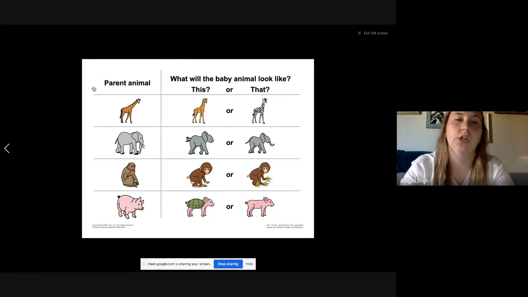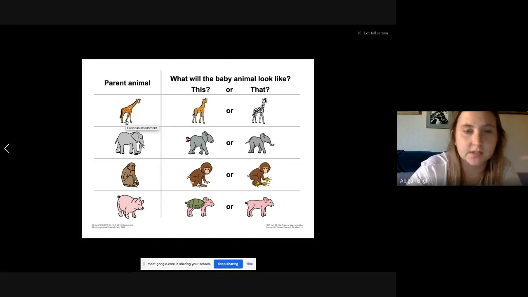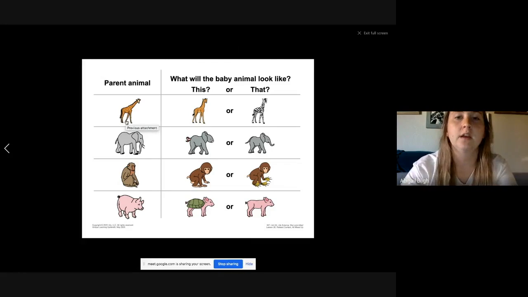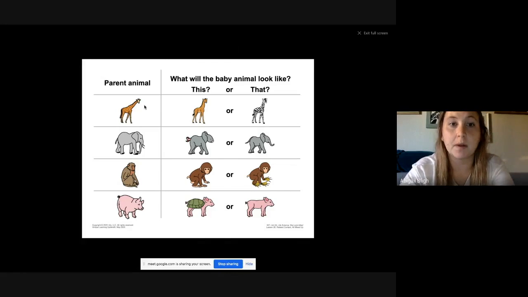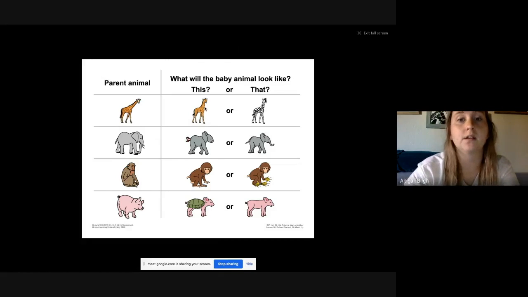So we're going to look at the first one. There's a picture of an adult giraffe. So this is the parent giraffe. The characteristics of this giraffe, we see that some of the features are the brown spots on it, right? And the long neck. So here we have an animal that also has brown spots and a long neck.